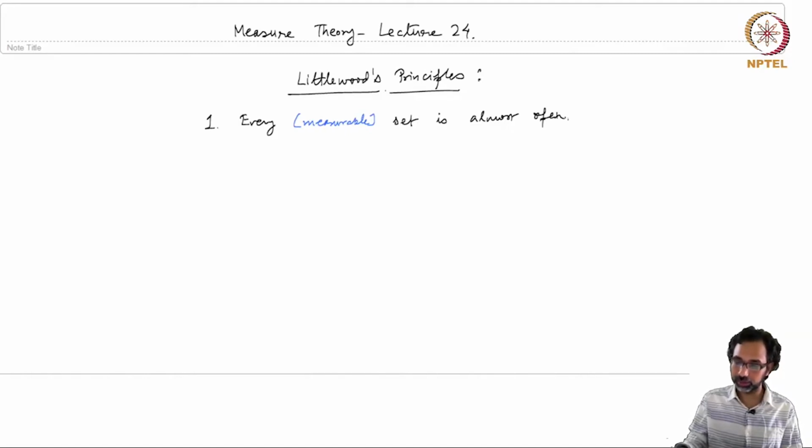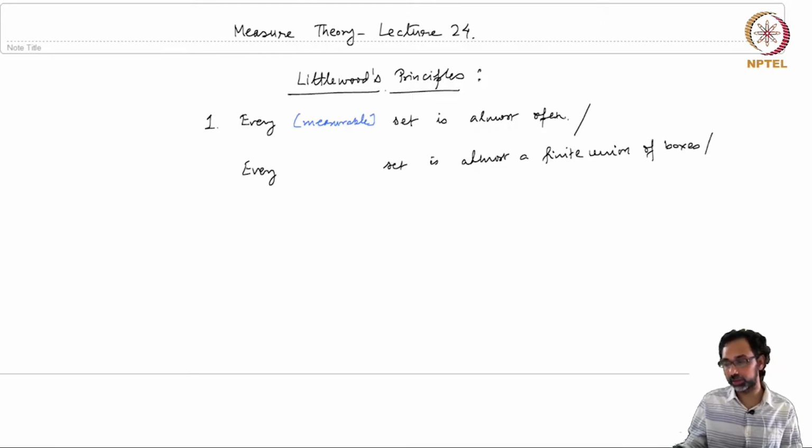In fact, we can also say something stronger, which is that every set is almost a finite union of boxes, or in the one-dimensional case, intervals. Here again there is a catch, which is that it should be a measurable set with finite measure.